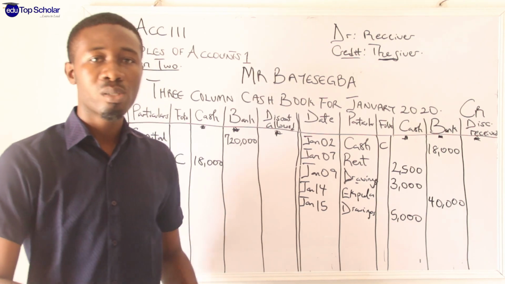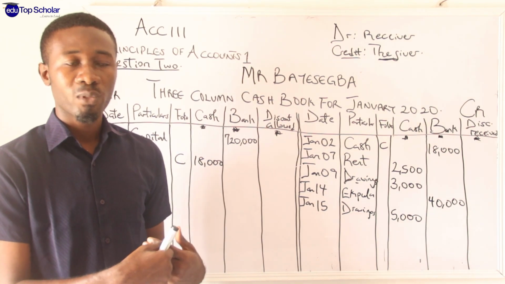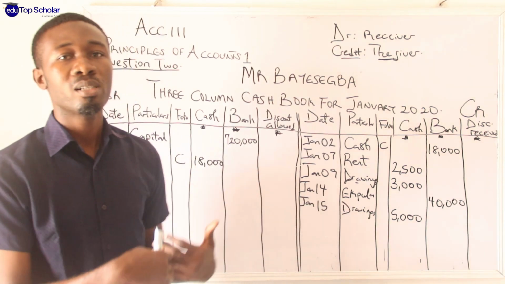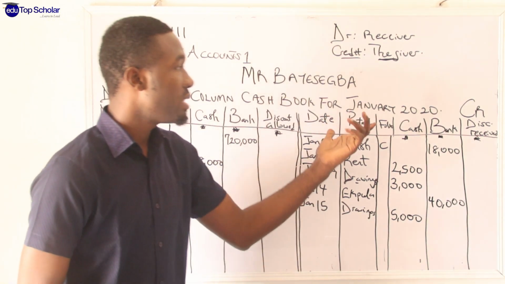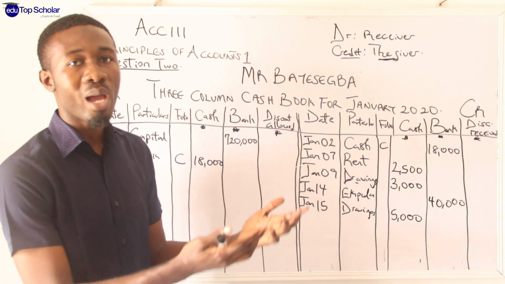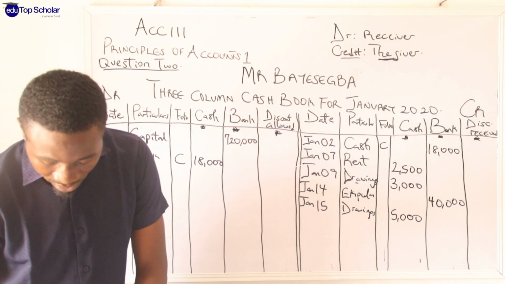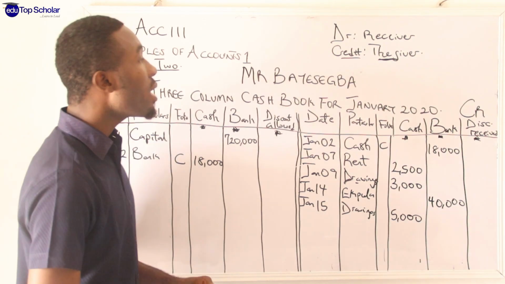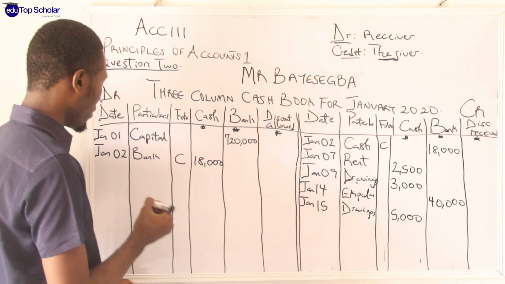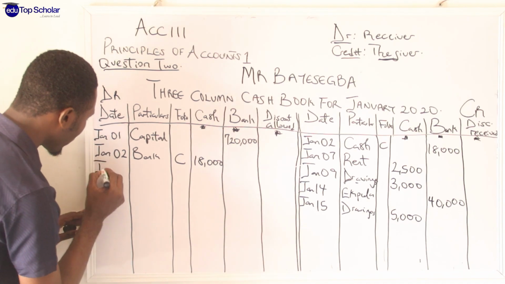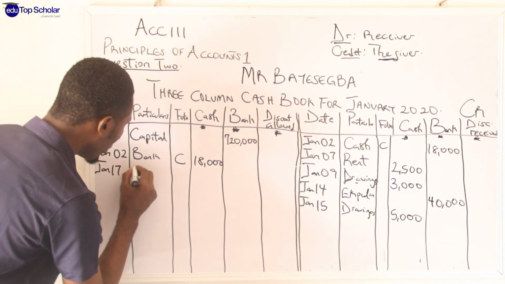When you sell goods, goods leave you and then money returns to you. We are receiving cash. So for January 17, we sold goods, and when we receive money, we debit the account. So we have January 17 on the debit side, Akinlolu.